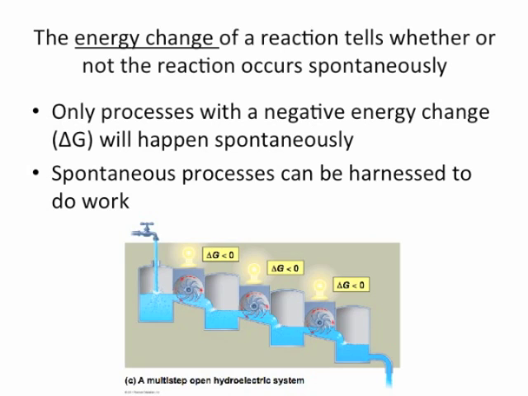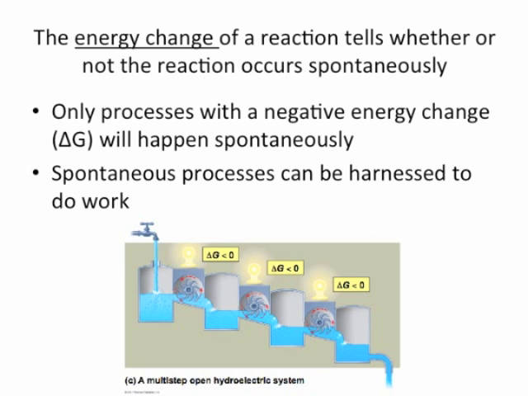As the water goes downhill, it has a negative delta G, and because of this, it can be used to turn a turbine to generate energy, and this energy can then be used to do work, like turn on a light bulb. So processes with a negative change in free energy, or a negative delta G, will happen spontaneously and can be harnessed to do work.